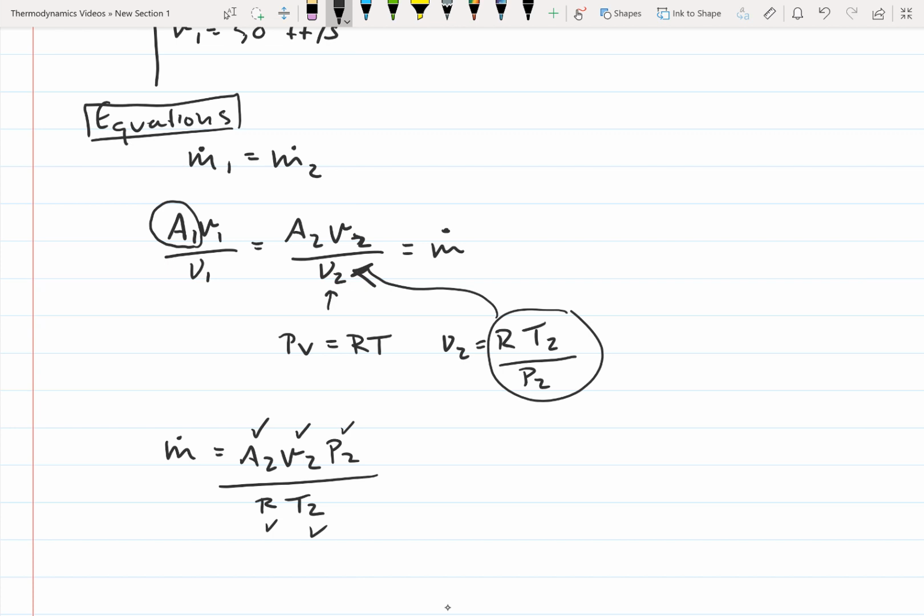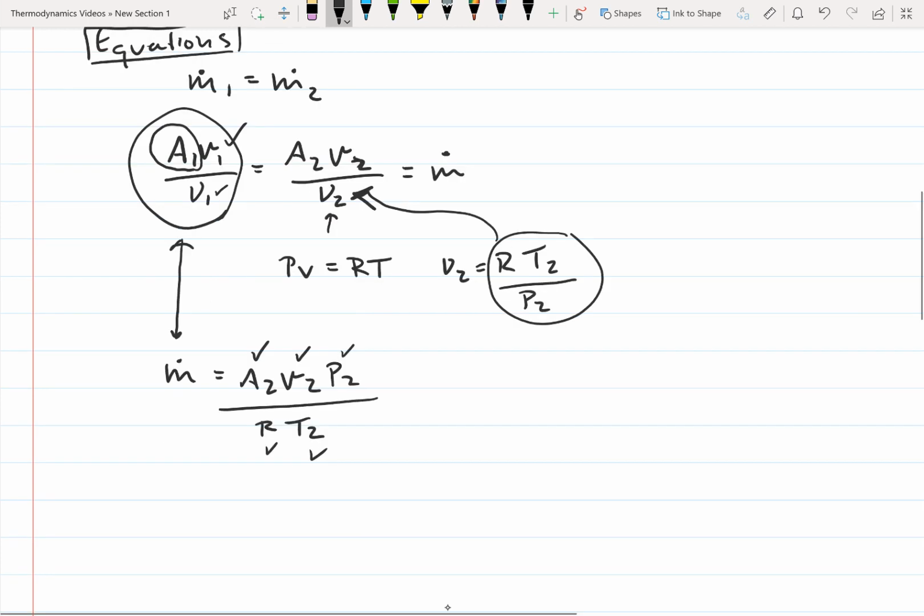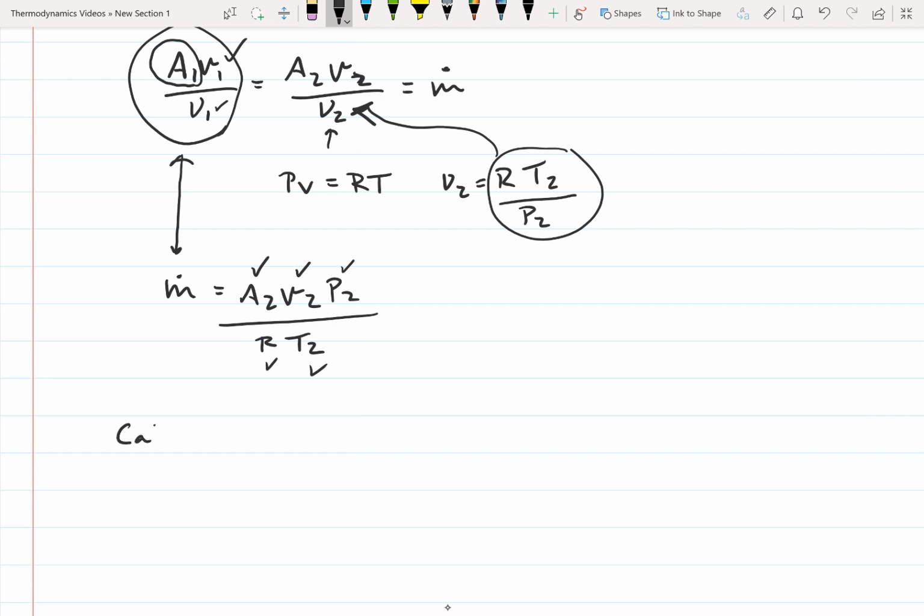We know that this quantity is just equal to this mass flow rate. We know the velocity at the inlet because it was given, and we can calculate the specific volume from the ideal gas law. So basically we have everything we need to solve this problem, and now we're ready to do the calculations. So let's do the calculations.